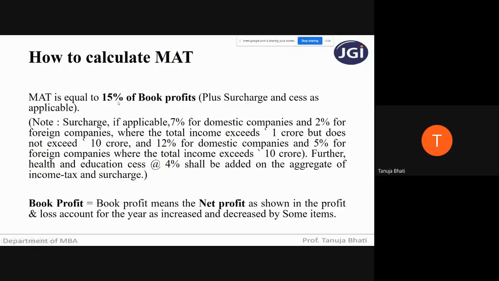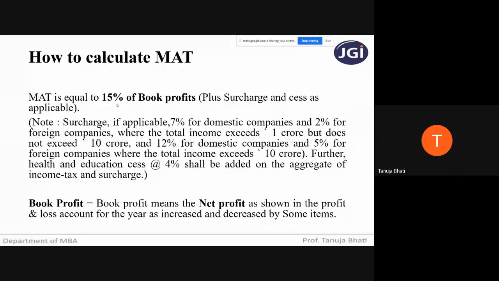We will be seeing that 15% remains fixed for the assessment year 2020-2021. Students, for the earlier assessment year, the fixed percentage was 18.5. From the assessment year 2020-2021, which is applicable to your batch, the rate is 15%.